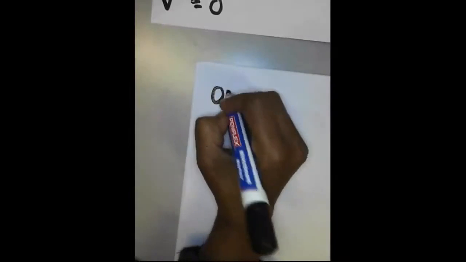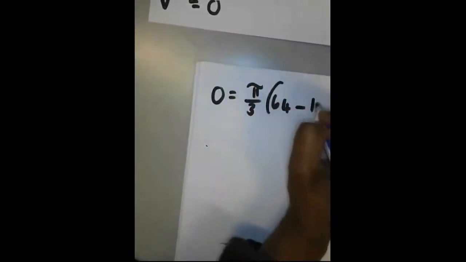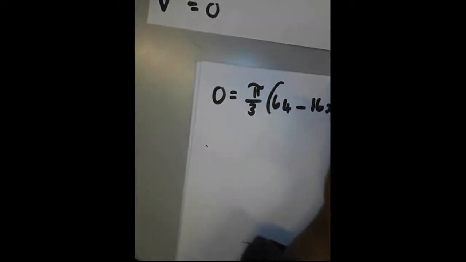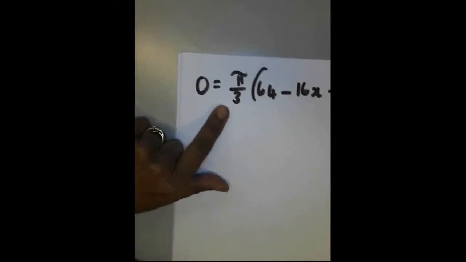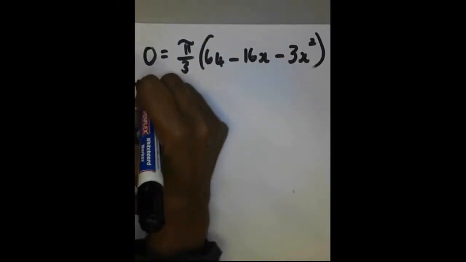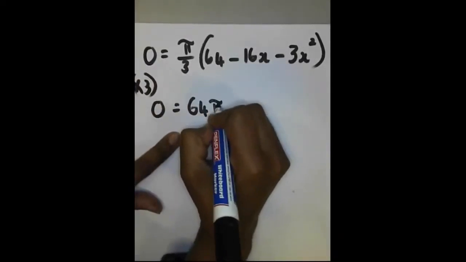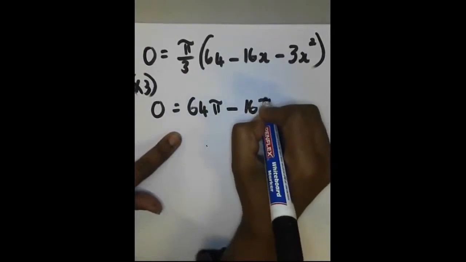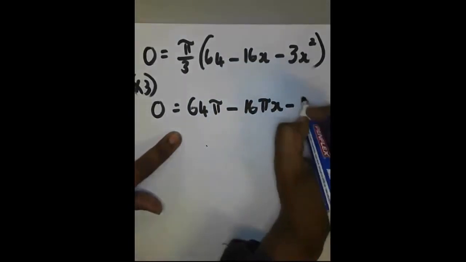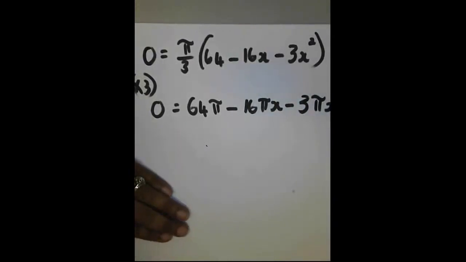So 0 is equal to pi over 3 and 64 minus 16x minus 3x squared. I want to get rid of this 3 over here. So what do I do to get rid of that 3? I can multiply by 3 on both sides. So 0 is just going to be equal to 64 pi minus 16 pi x minus 3 pi x squared.